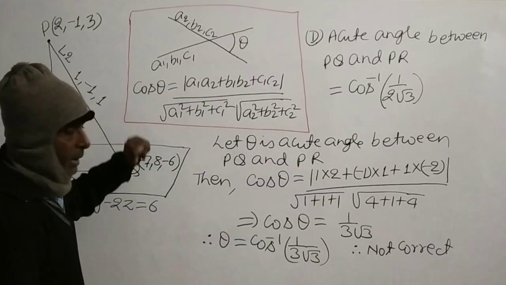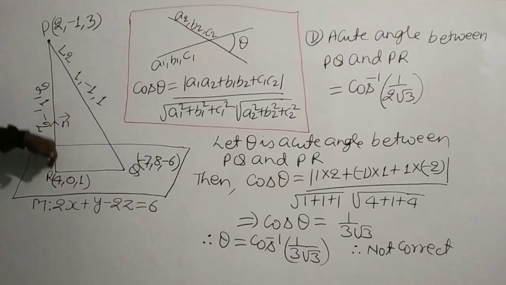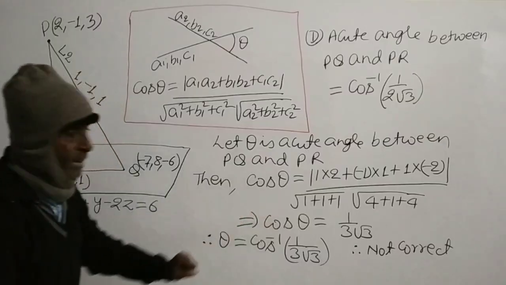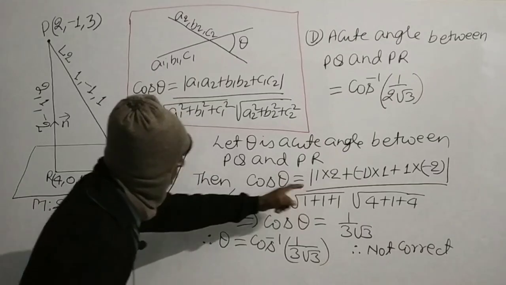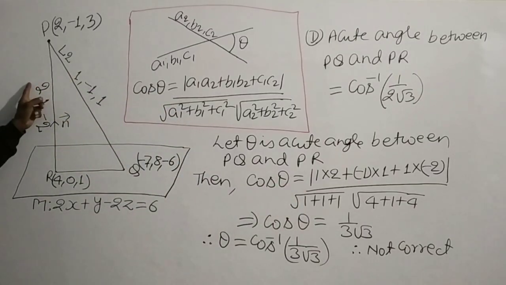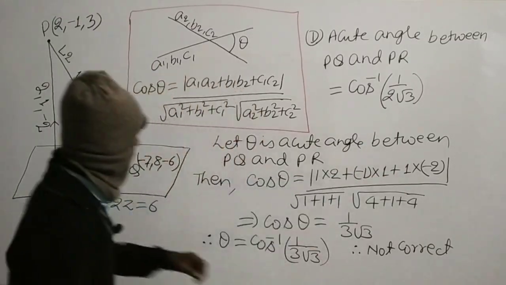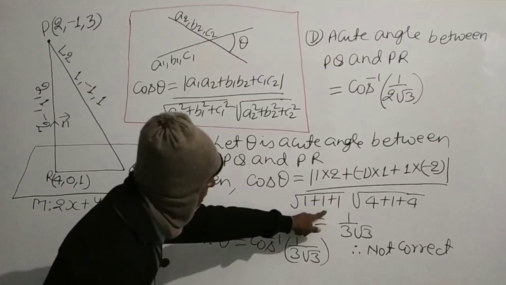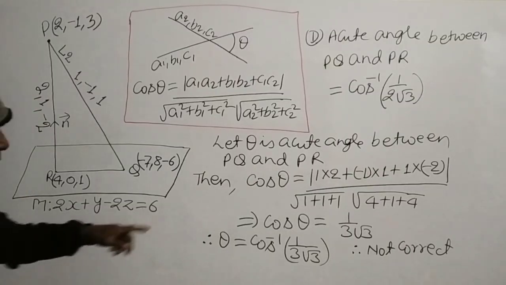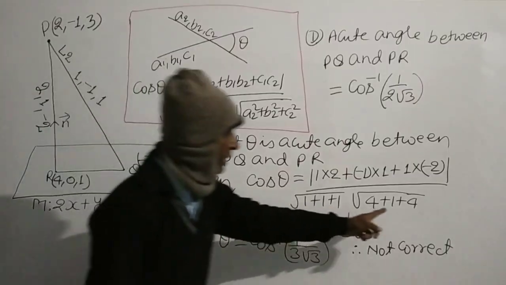By using this formula, if theta be acute angle between this line and this line, then cos theta will be equal to mod of 1 times 2 plus minus 1 times 1 plus 1 times minus 2 by root under 1 square plus minus 1 square plus 1 square times root under this square plus this square plus this square.